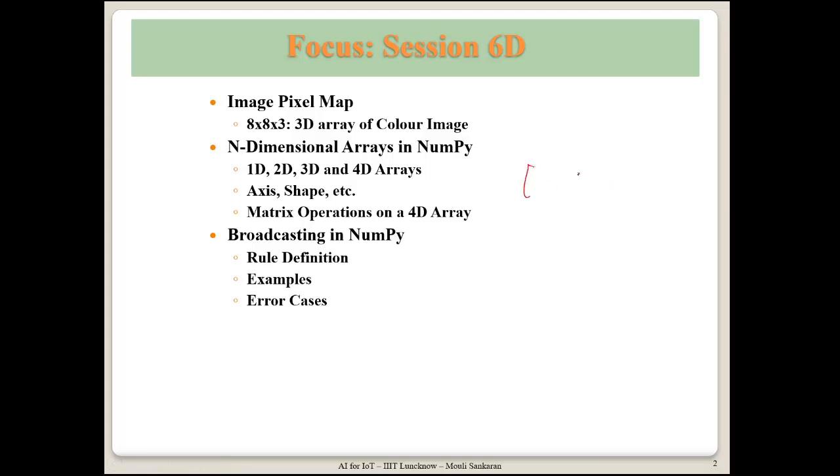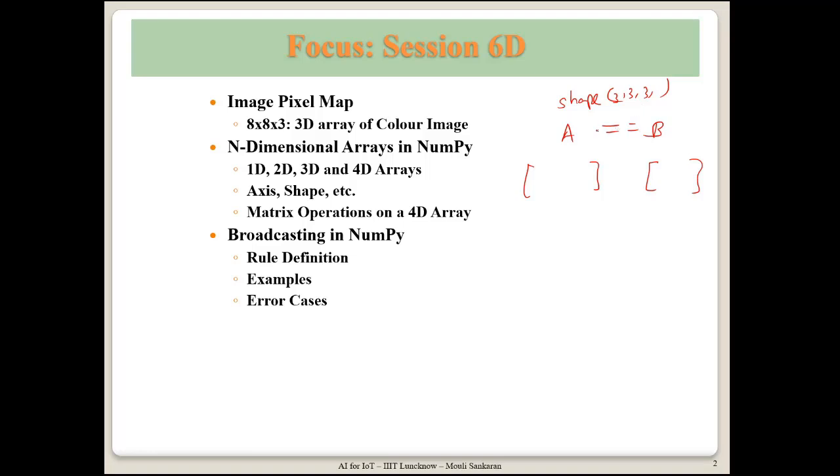is if the dimensions are exactly the same. Okay, A and B, the dimensions are exactly the same. In the sense, the shape of, you know that shape is a tuple giving the dimensions in different directions. Suppose 3 by 3 by 3 is a cube.